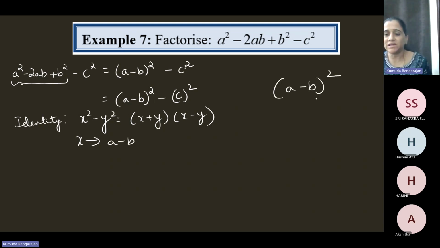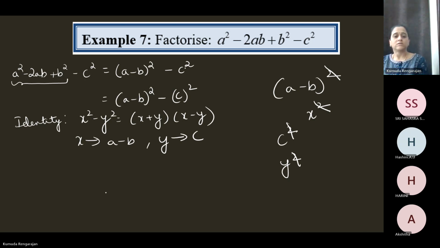You're comparing a minus b the whole square with x square. What is x? A minus b. And you're comparing c square with y square. C is y.